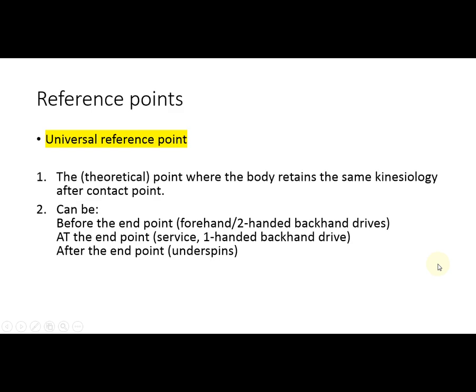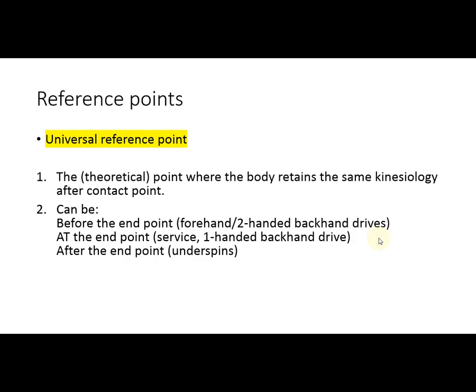The universal reference point is the theoretical point where the body retains the same kinesiology after contact point. So when I hit the ball, when I touch the ball with my racket, of course I don't change immediately what I'm doing, but there is a period of time that I'm doing the exact same thing because I have momentum, and of course it's very dangerous to alter it.